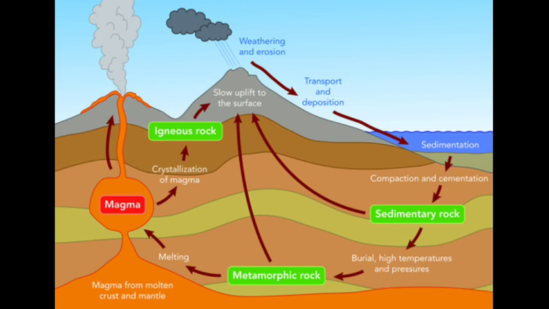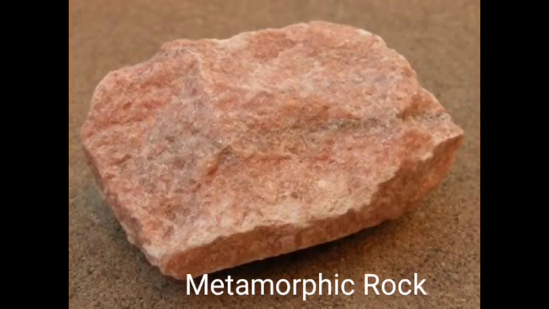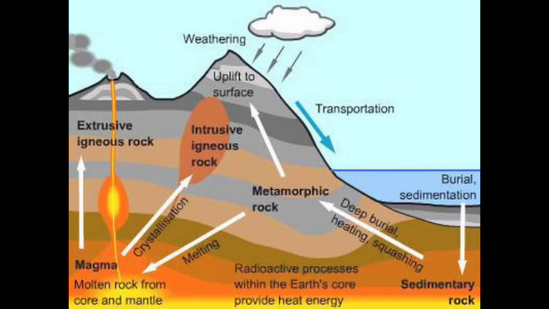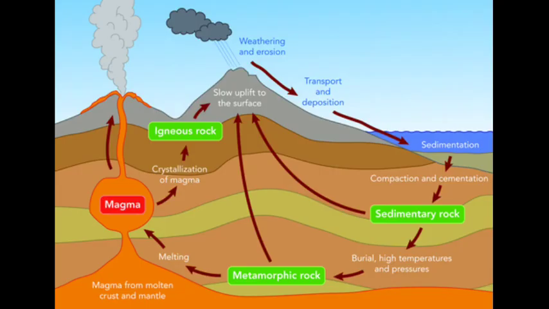Thus, sedimentary rocks are converted into metamorphic rocks. Metamorphose means to change. These metamorphic rocks are further uplifted to the earth's surface due to crustal movement. If these rocks are moved towards the deeper interior part of the earth, they further melt and become part of the magma. Thus the rock cycle is completed.